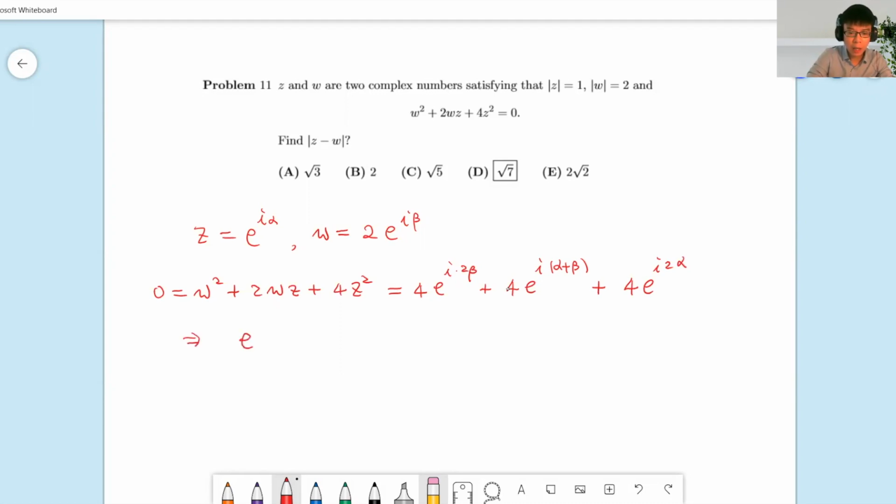That implies exponential i 2 alpha plus exponential i 2 beta plus exponential i (alpha plus beta) equals 0. Actually, I can factor out exponential (alpha plus beta).